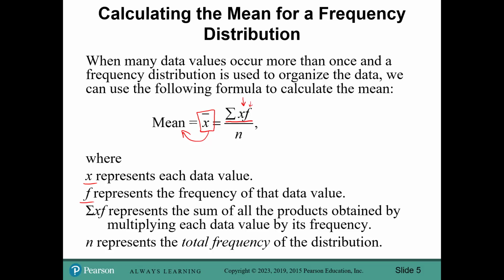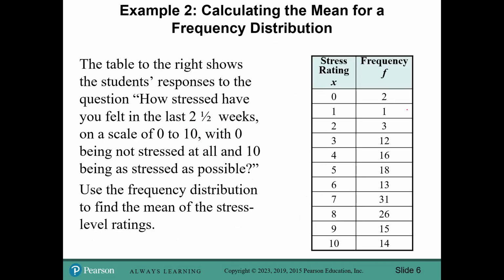Okay. So if I have a larger set of numbers, I can come back and look at this. So example 2 here, the table to the right shows students' responses to the question, how stressed have you felt in the last 2.5 weeks, on a scale of 0 to 10, 0 being not stressed and 10 being as stressed as possible. The frequency distribution here, we're going to use that to find the mean of the stress level ratings.